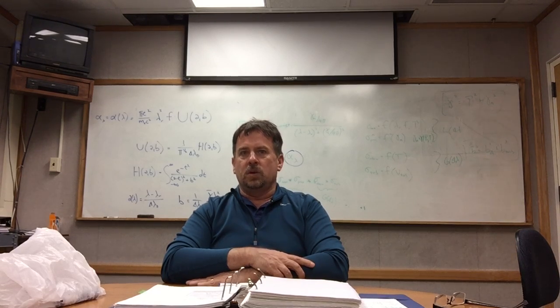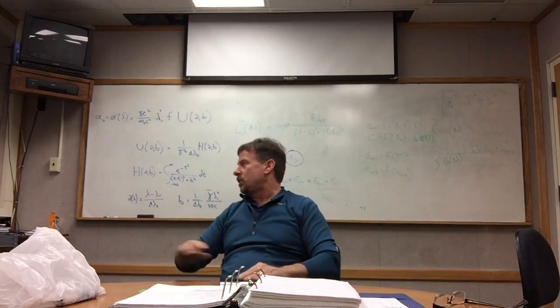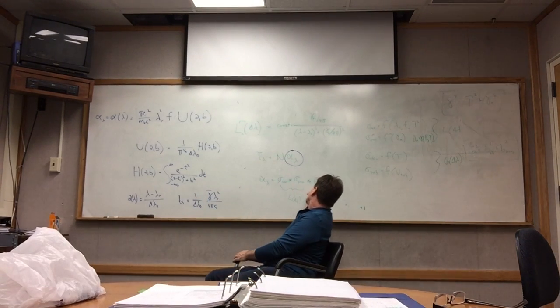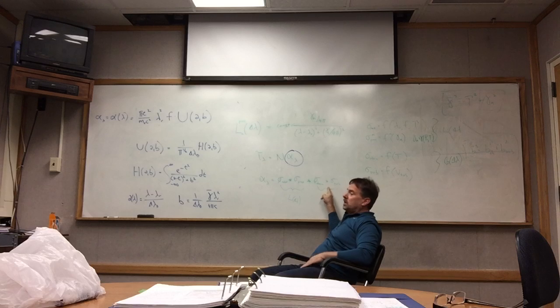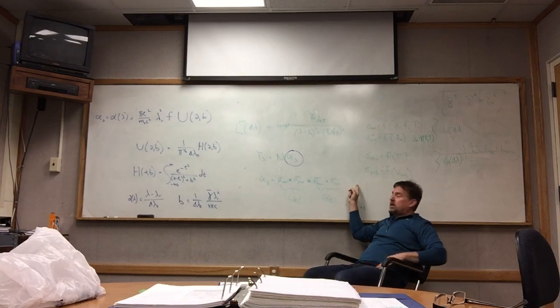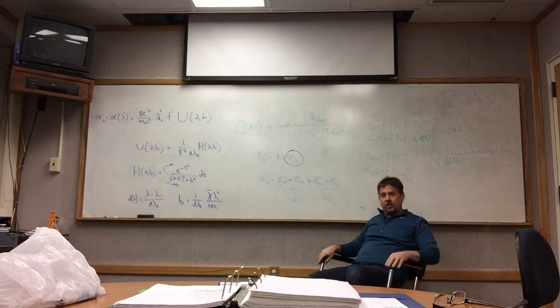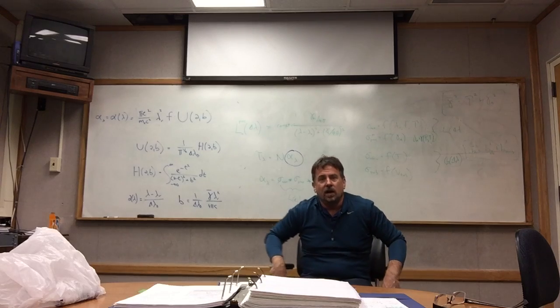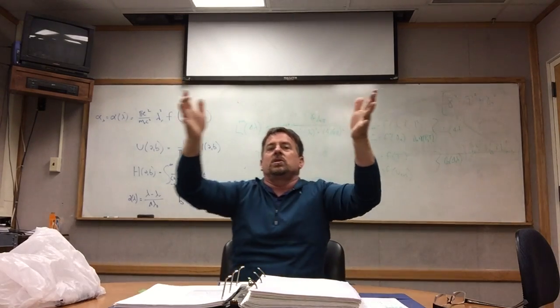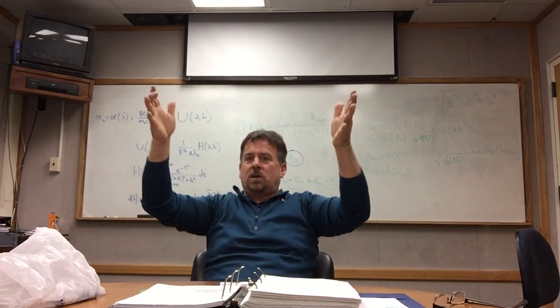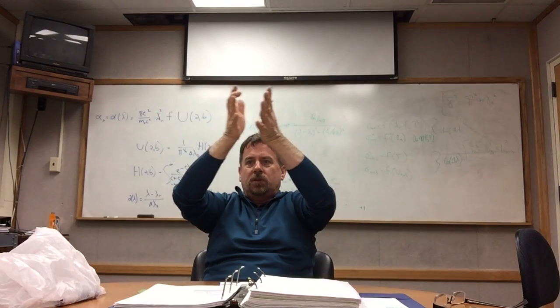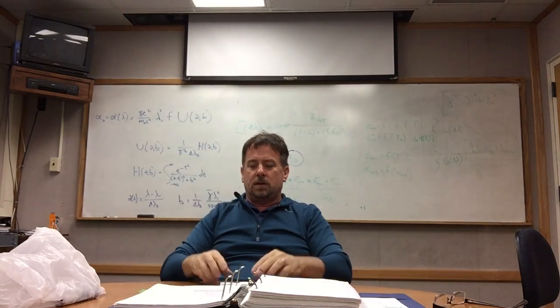So you'll have a thermal component here, or a turbulent component. But if you've got a fast rotator doing 150, 200 kilometers per second, that is going to broaden your line over a much larger wavelength than what the thermal broadening is going to do.